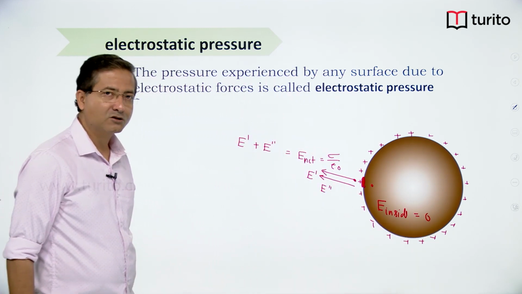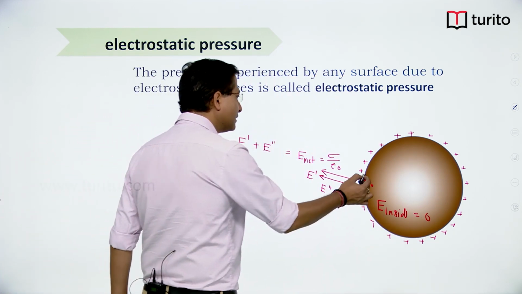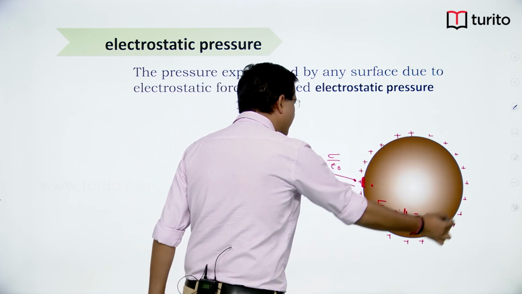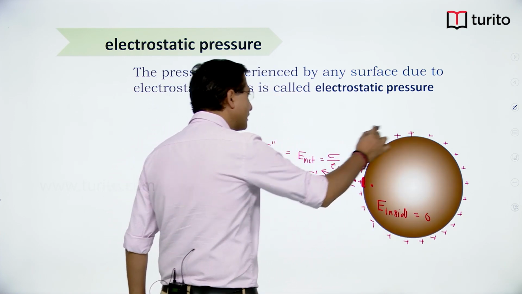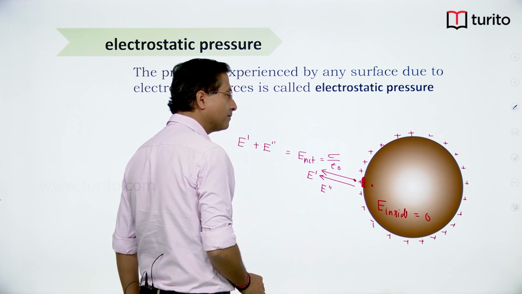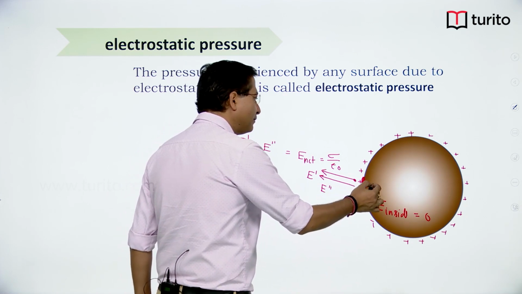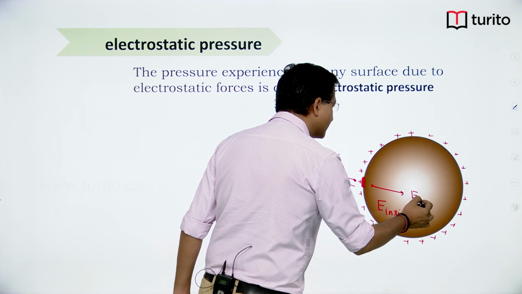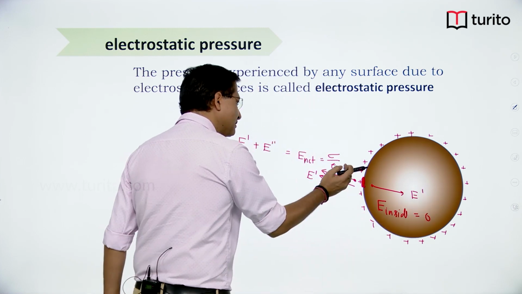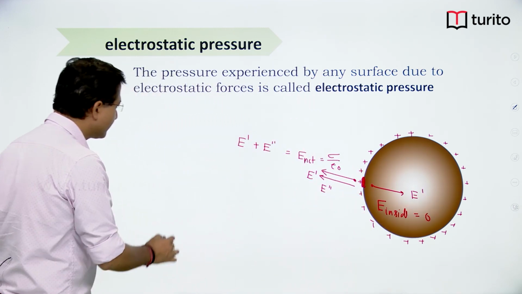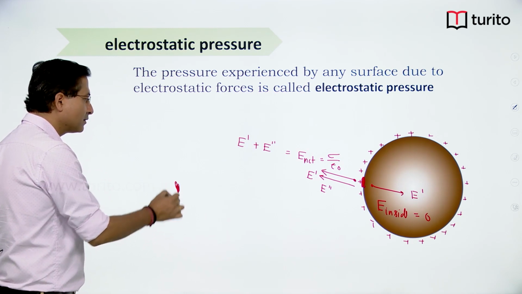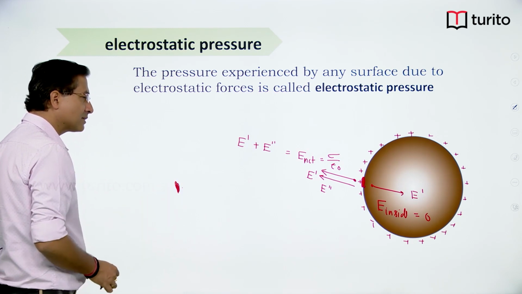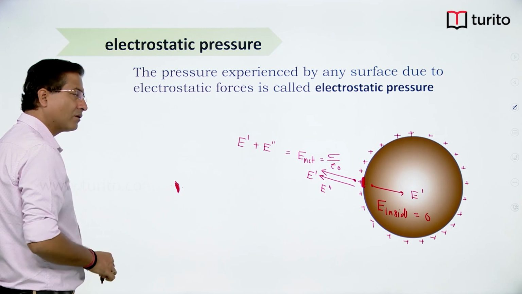For the field inside to be 0, this element must be cancelling the effect of whatever the remaining distribution produces at this particular point. So this element will produce field in this direction, that is E dash, just inside, just outside. Look at the element, a very small part. Whatever it produces on this side, the same magnitude it will produce on the other side.